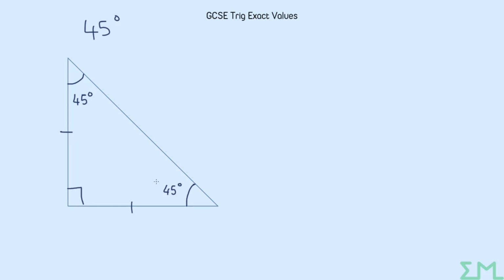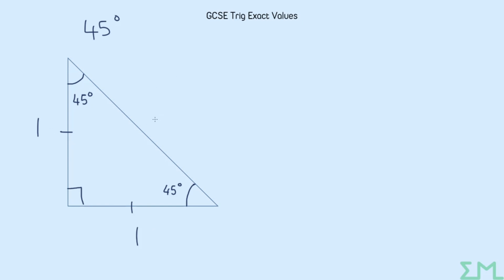Now, we can choose this triangle to be any size that we like, so it seems sensible to choose nice numbers for the shorter sides. These are the sides that are both the same, and we just choose the value of 1 for both of them. Now, the hypotenuse is predetermined once we have chosen these 2 sides. We just need to use Pythagoras to work out what it is.